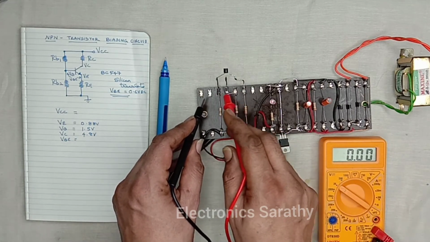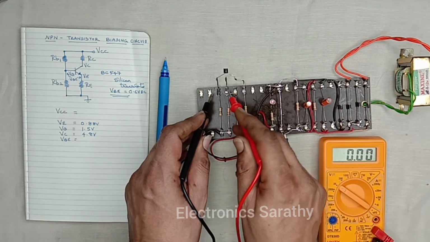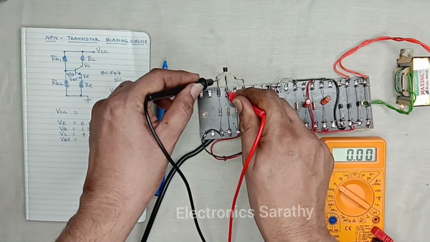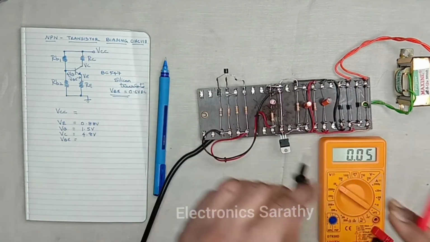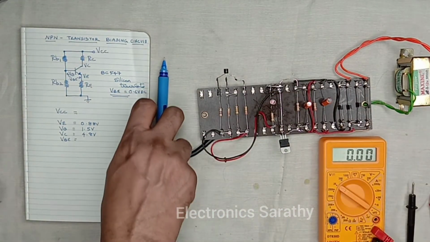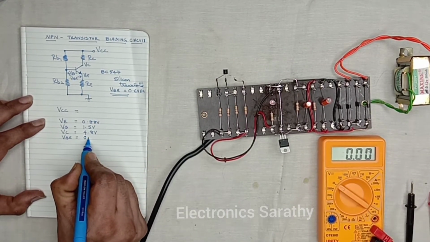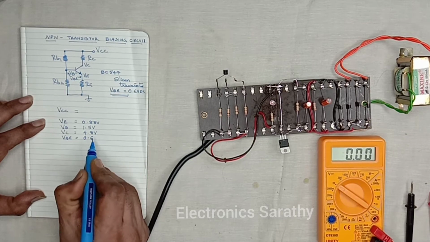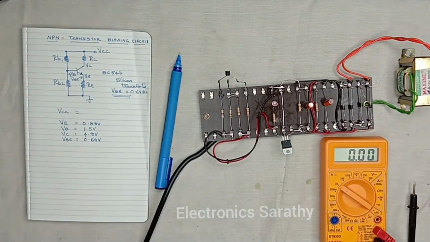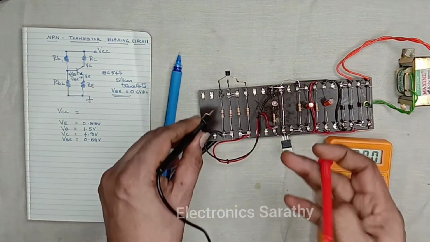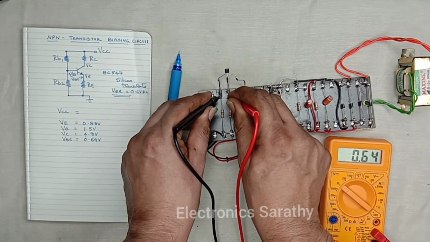The emitter base junction should always be forward biased, that means positive to base and negative to emitter. Since it is a silicon transistor, the drop across VBE should be 0.6 volts. It is showing 0.64 volts. I'll measure once again, emitter and base: 0.63, 0.64.